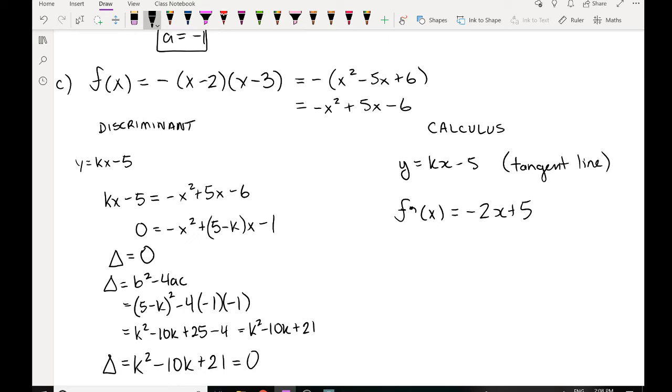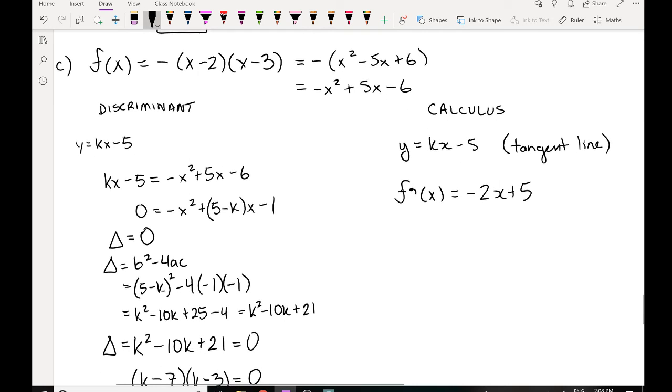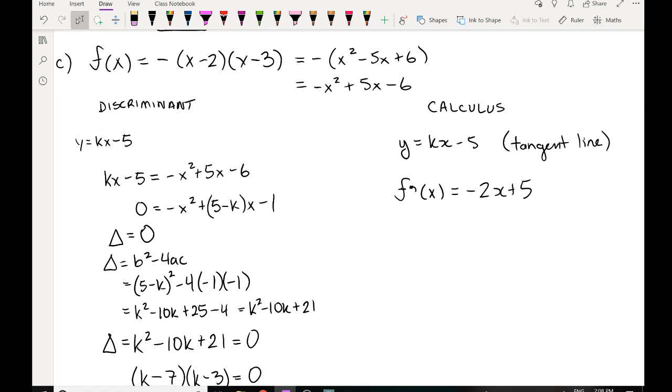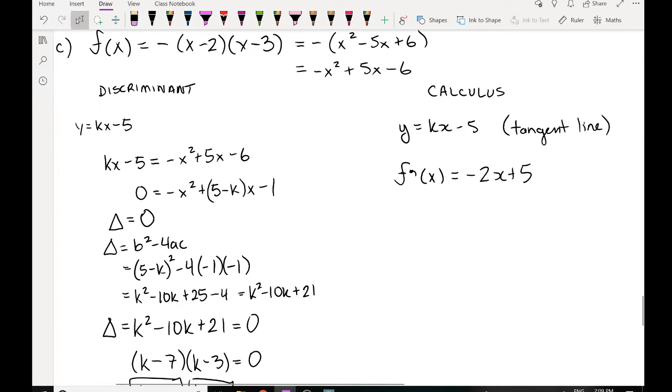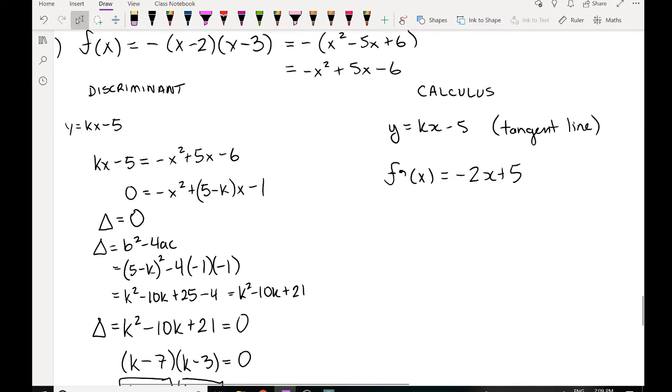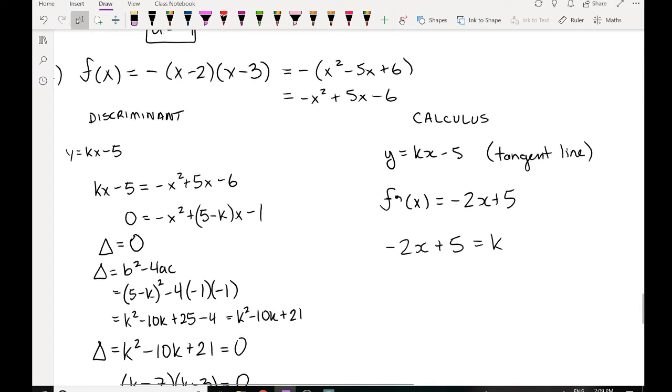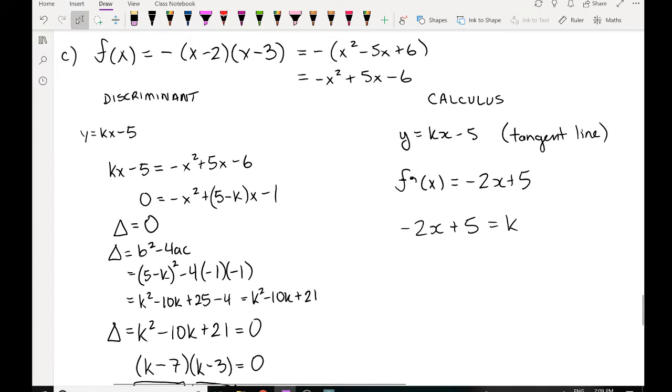And so basically, I should be able to say, okay, the slope of this line is k. And so my derivative here, minus 2x plus 5, has to equal k for certain values of x. Where can I go from there?